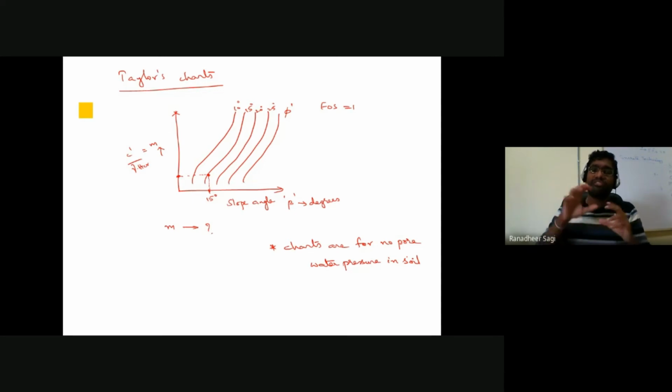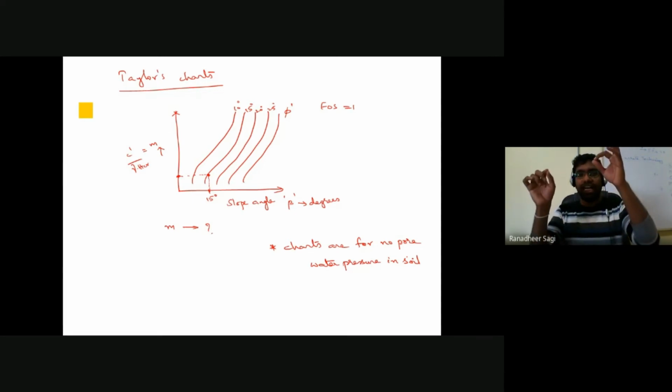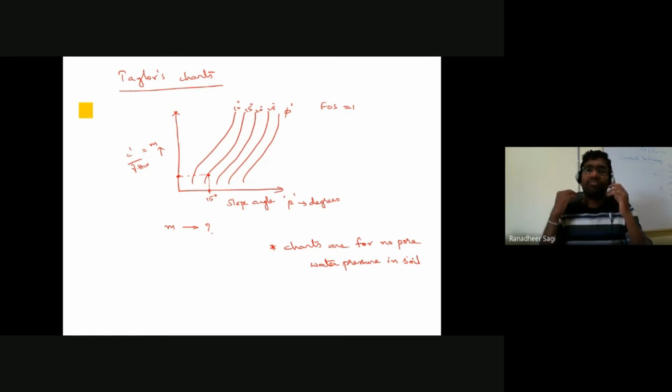Even the iteration for finding the trial failure surface itself needs more time in manual calculation. If iterations are there within your expression, it is very difficult to analyze the given slope manually. That's the reason these advanced methods and models are ultimately given as an inbuilt approach in analysis software.